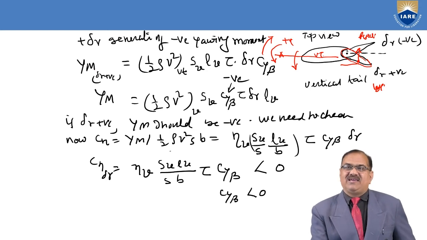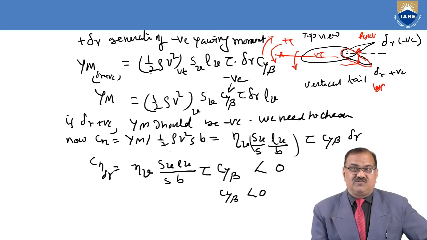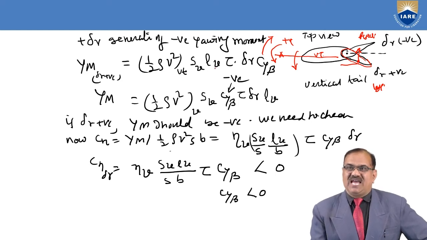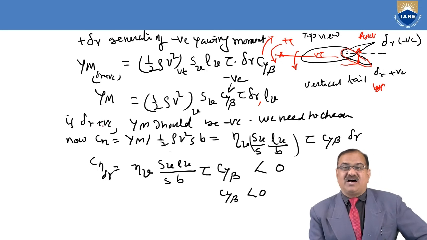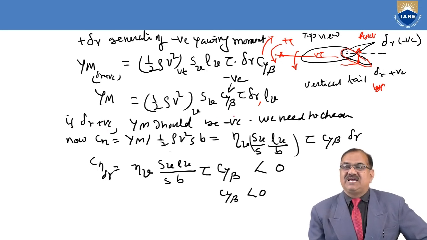So this Y_m when δ_R is positive is equal to half ρV² S_V C_Yβ τ δ_R into L_V. This is your moment. L_V means the distance of the vertical tail. So for positive δ_R, Y_m should be negative.